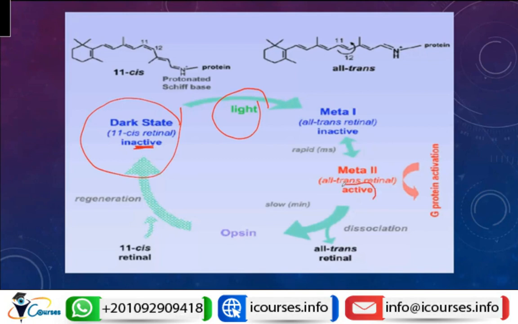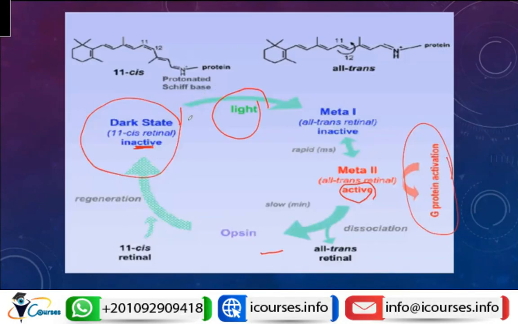The metarhodopsin 2 is the active form, which will cause what's called the activation of protein G, as we will see now, and will be responsible for the electrical impulse formation. And then this metarhodopsin 2 will undergo a sequence of chemical events that will lead to formation or reformation or regeneration of the rhodopsin.